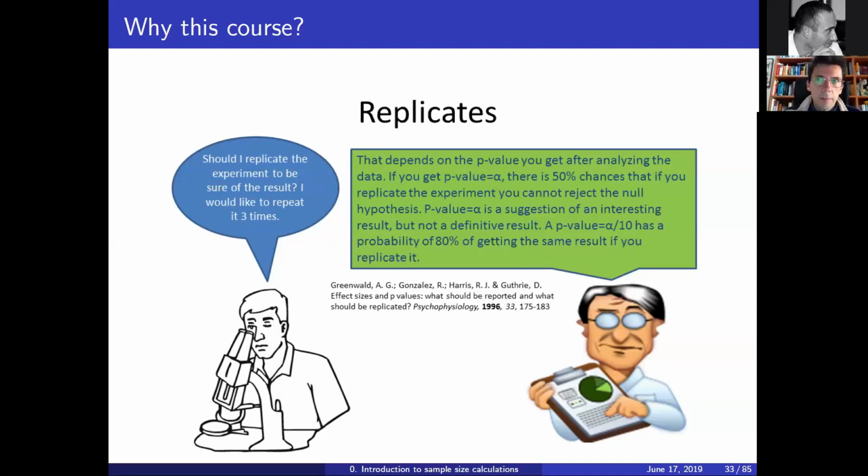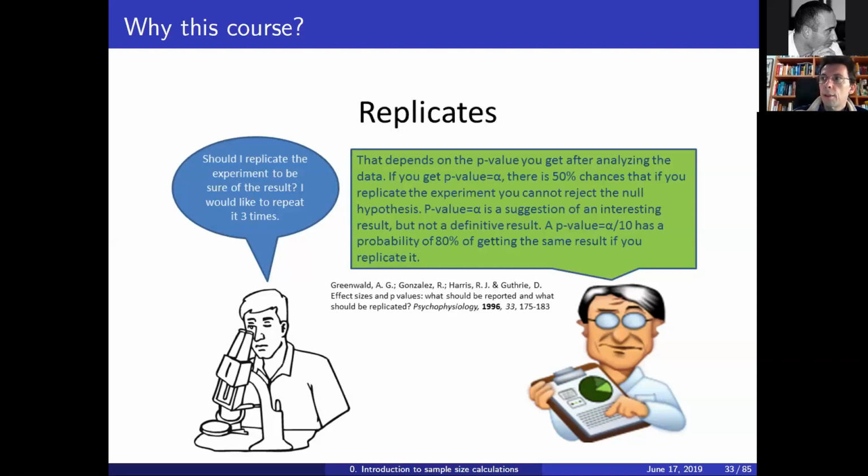That has been, now it is not so much in fashion, but like 5-6 years ago, there were a lot of papers complaining that many of the biomedical studies could not be replicated. So an independent lab could not get the same results as you had in your publication. There were many reasons for that, but one of them was statistical, and it was having p-values close to the threshold.